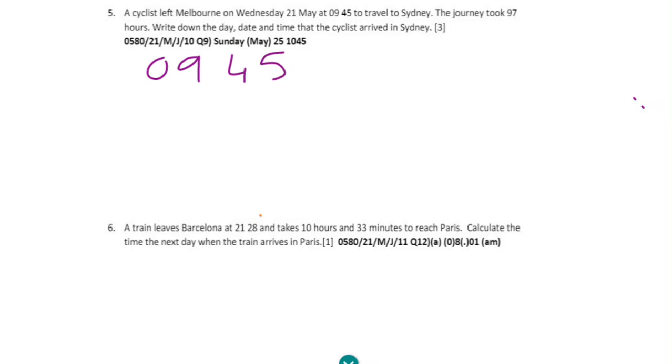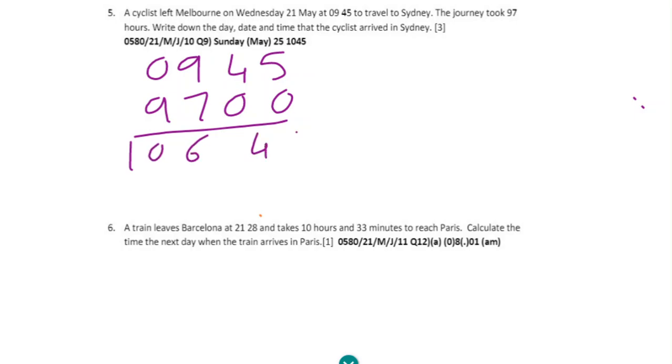Add 97 hours to it, 97:00, which will give us 106 hours and 45 minutes. Now how can we tell the time of arrival? Simply start subtracting 24 hours from this, and let's see what do we get.